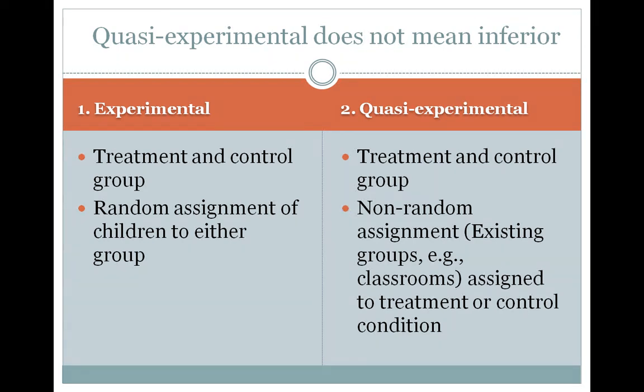Now, from what you know of education, you can see why educational research generally is more quasi-experimental than in medical research. In medical research, it's well defined that experimental is the gold standard, and patients are randomly assigned to either a treatment or a control. It's not that easy in education.